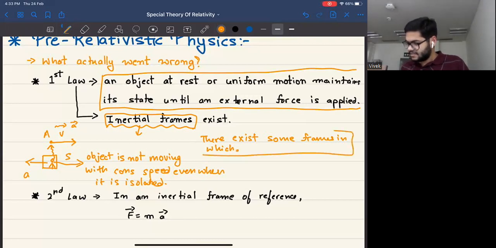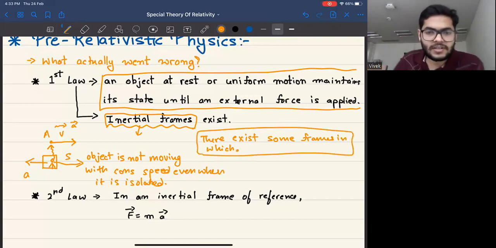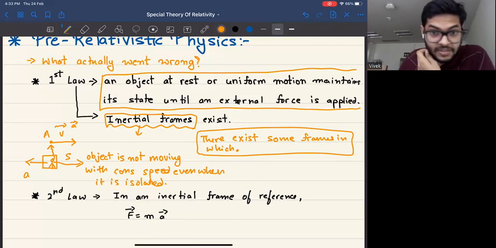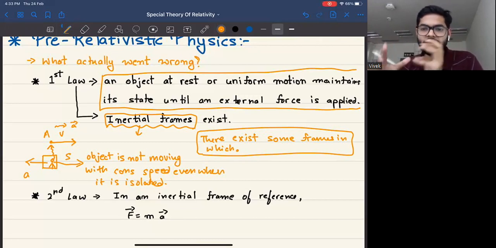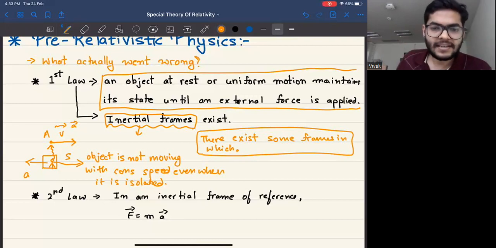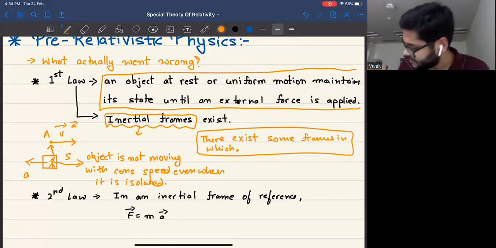And right here we can define what we mean by non-inertial frames. As the name suggests, a non-inertial frame is a frame which is not inertial. It is that frame in which Newton's first law is not valid, or in other words, it is that frame in which an object is under acceleration even if it is isolated from the rest of the universe. So this is what we mean by an inertial frame of reference and a non-inertial frame of reference.